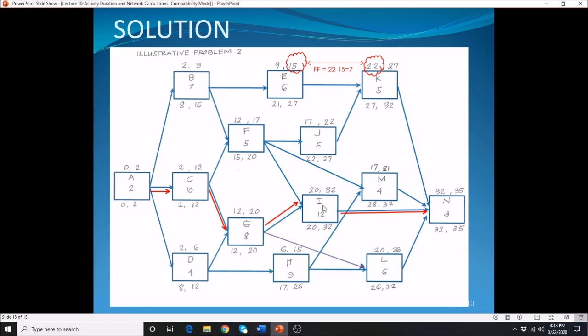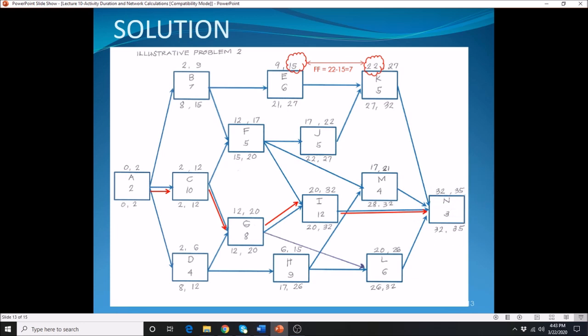See this connection here, it is connected to N. So there are 4 lines, 1, 2, 3, 4, and whichever gives you the maximum early finish among those 4 activities will be the early start of activity N. So we have 27, 21, 32, 26. The maximum is 32, that's the reason why you have 32 here. So 32 plus 3 will give you 35.